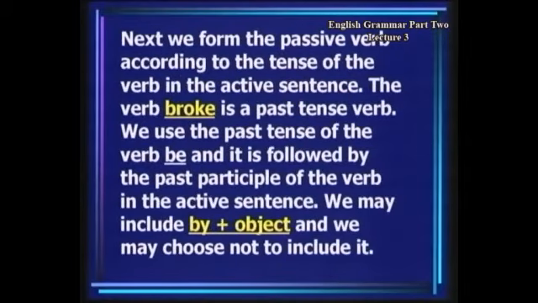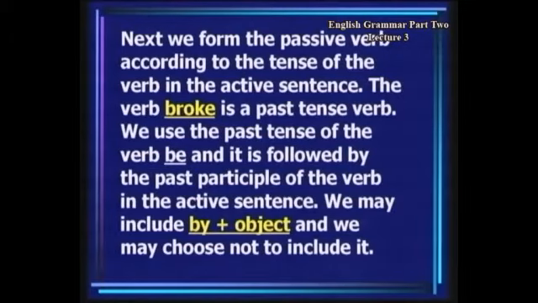طيب. Next, when I know the subject and the object, next we form the passive verb according to the tense of the verb in the active sentence. According to the tense of the verb. طيب. The verb broke is a past tense verb.